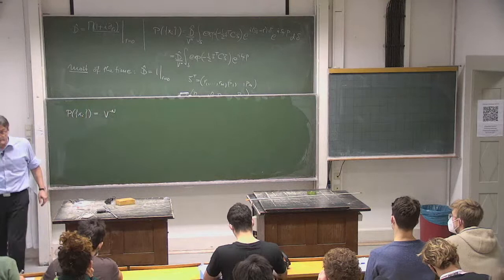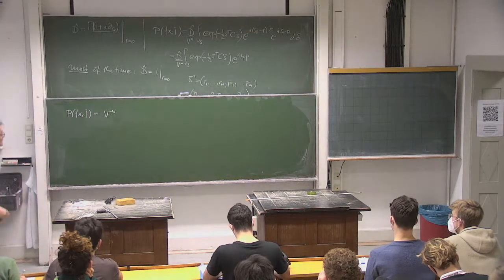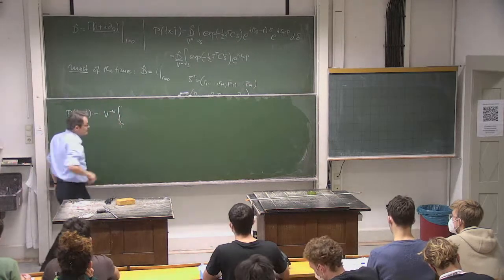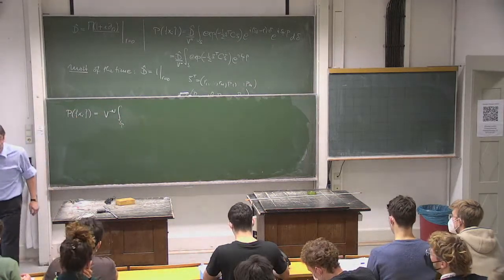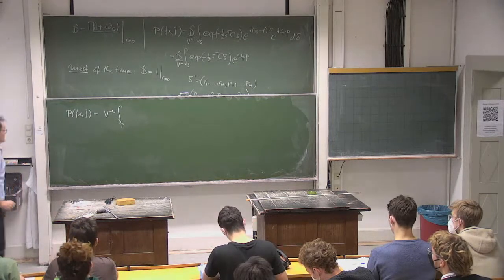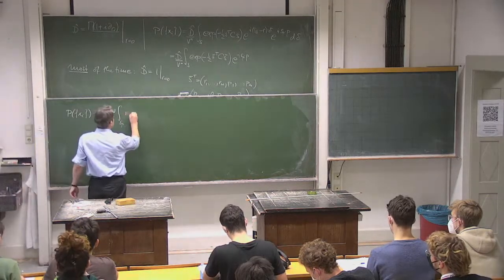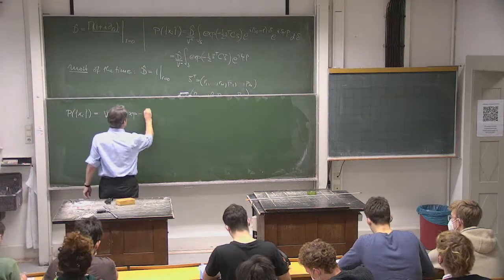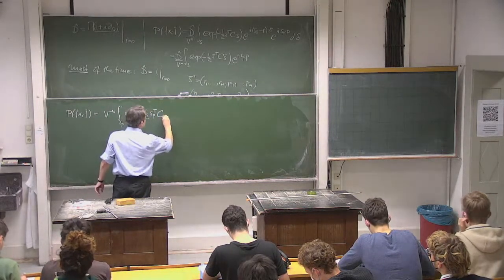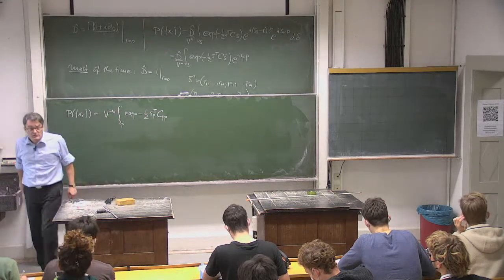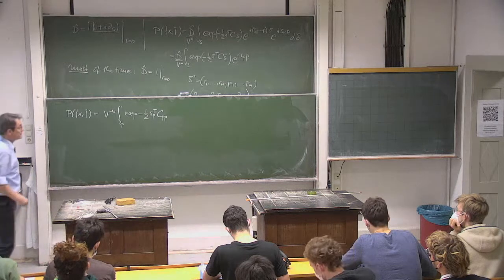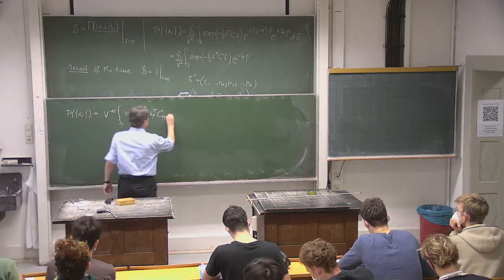V to the power of minus n, the normalization factor for the volume. And now we have an integral that only goes over SP anymore, right? Because the rest is gone. And we have exponential of minus a half SP transposed, and what remains is just the correlation matrix of the momenta, right? Because all other components are multiplied by zeros.